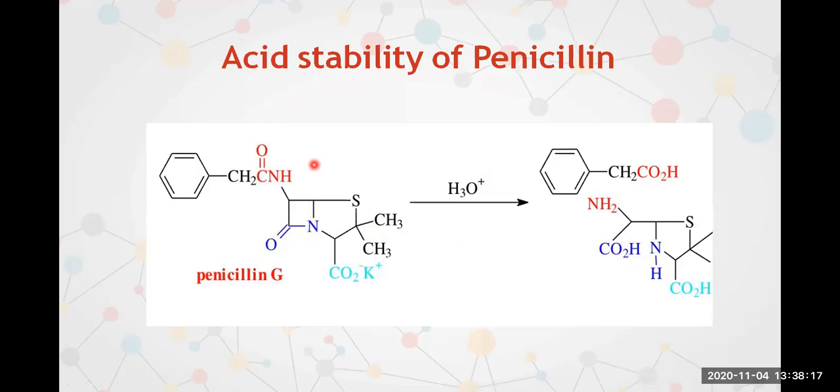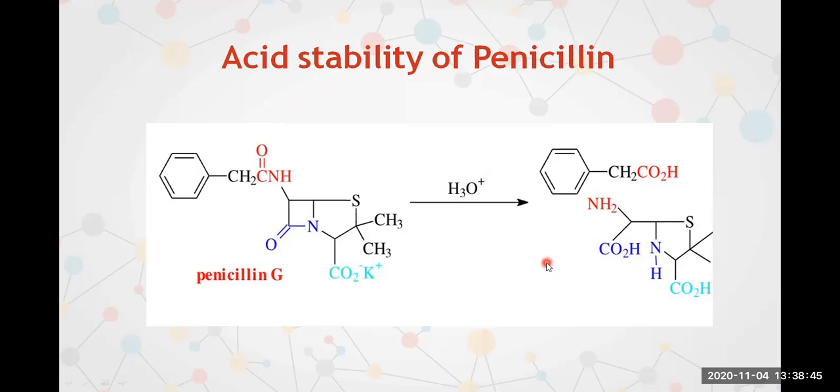So in any situation the pH of the stomach is acidic and this bond can easily break down in that acidic environment. The final result is that you will not have your intact penicillin structure in the body. If it is broken down, then it is no more active. So there are also these pharmacokinetic or stability issues of penicillin if you take it orally.